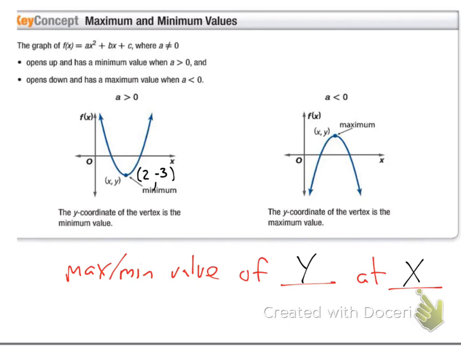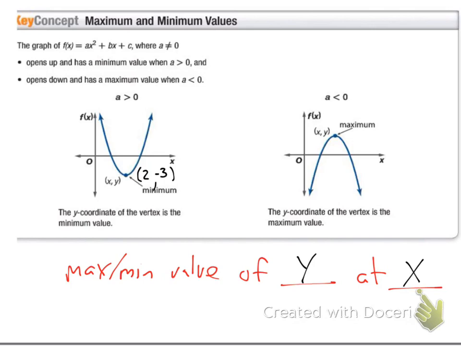Now, could that be right for the right-hand graph? No, we couldn't say that. We're trying to come up with a situation for the right one. Max value of 3 at 4. What would that vertex be?